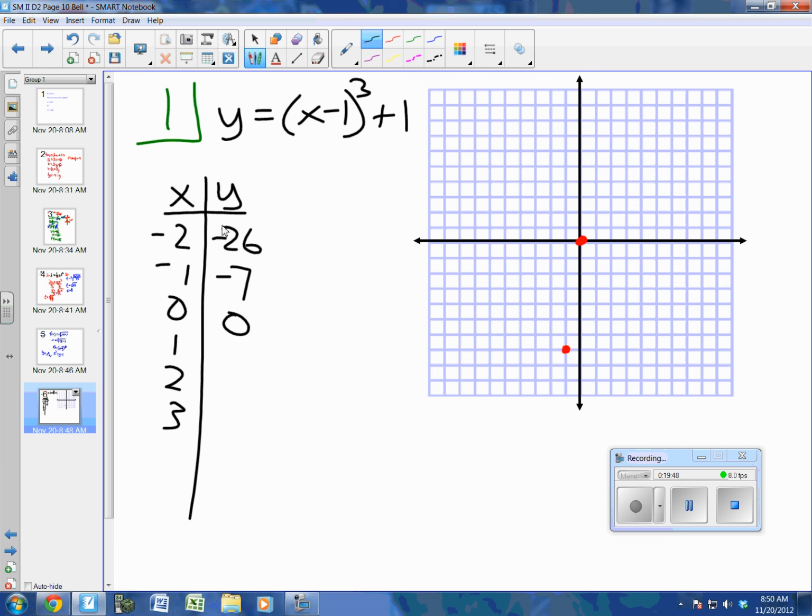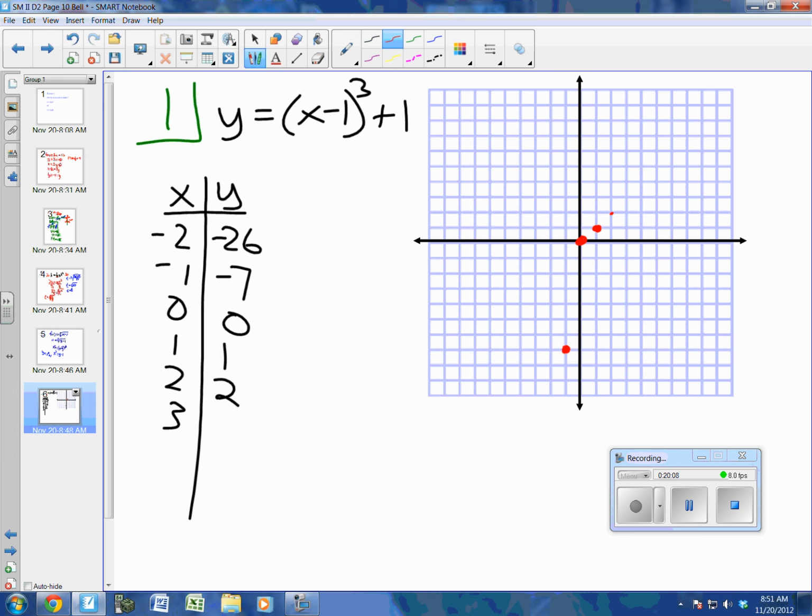Okay, 1 minus 1 is 0. Cubed is 0. Plus 1 is 1. Everybody graph 1, 1. 2 minus 1 is 1. 1 cubed is 1. Plus 1 is 2.